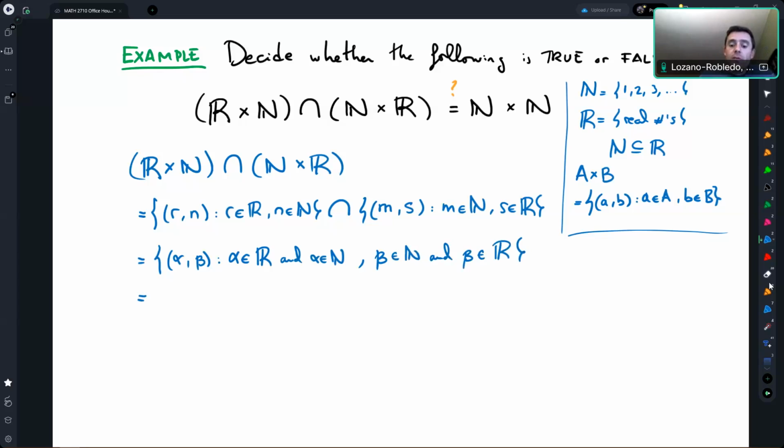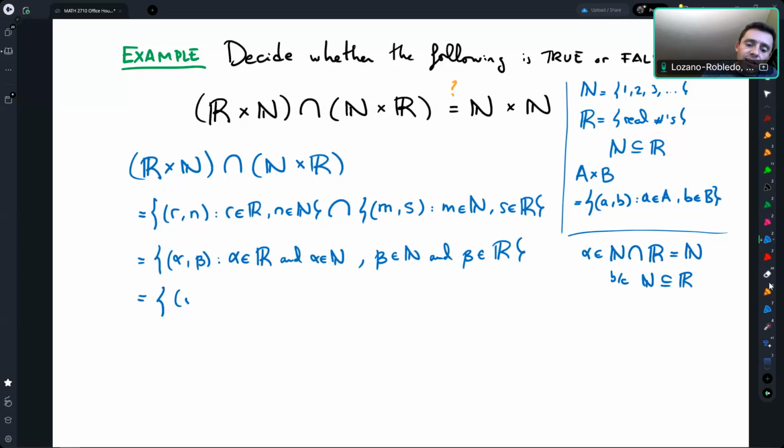What we can say is that alpha has to be in the intersection of the natural numbers and the real numbers, which is the natural numbers because the natural numbers are contained in the real numbers.